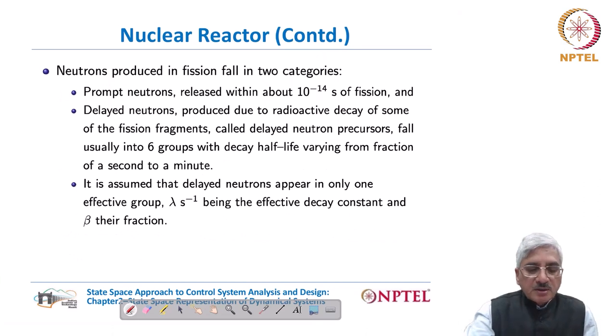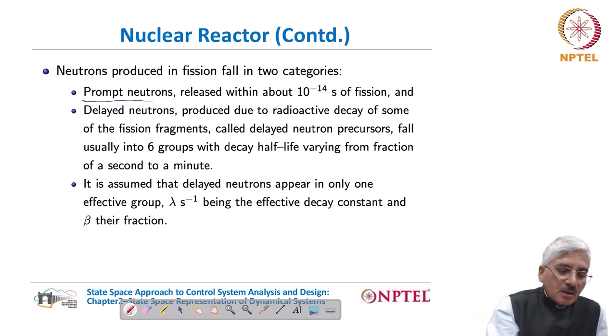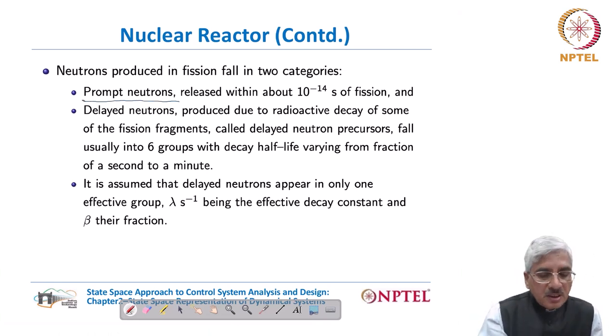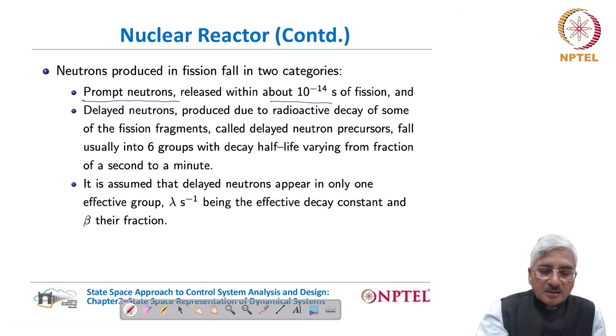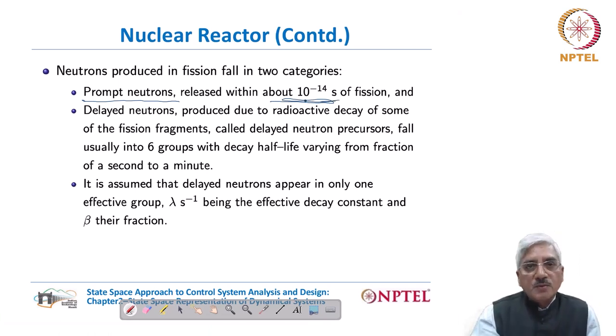Neutrons produced in the fission fall into two categories. One of them is called prompt neutrons. These are released almost simultaneously with the formation of fission fragments, and the time taken may be as short as 10 to the power minus 14 seconds from the time of bombardment of the neutron on the target nucleus of uranium-235.